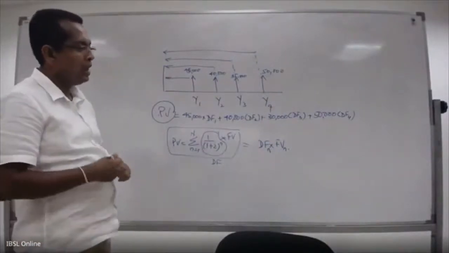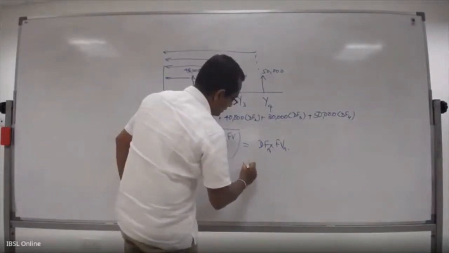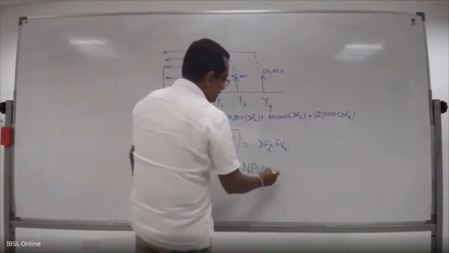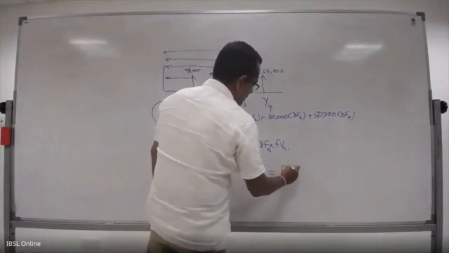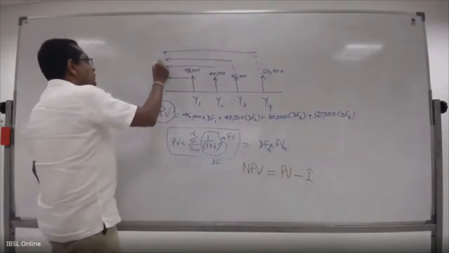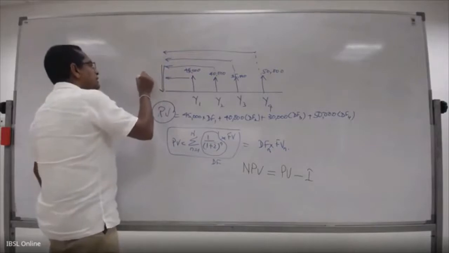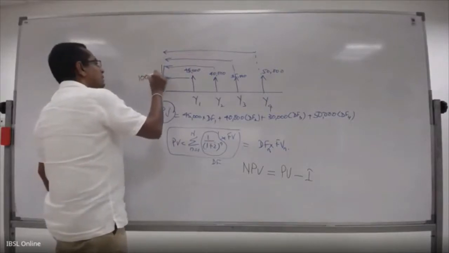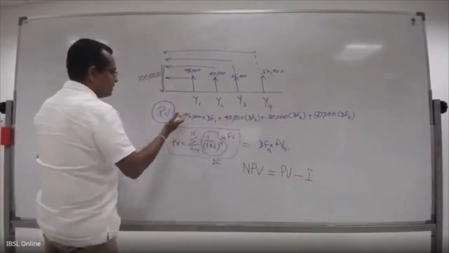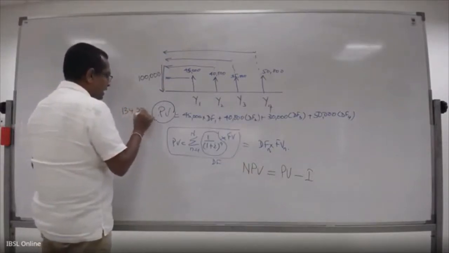Our aim is to find out net present value, which is equal to this present value minus investment, because you have to make an initial investment. In this case, it is 100,000, right? Total of this present value is 134,380.